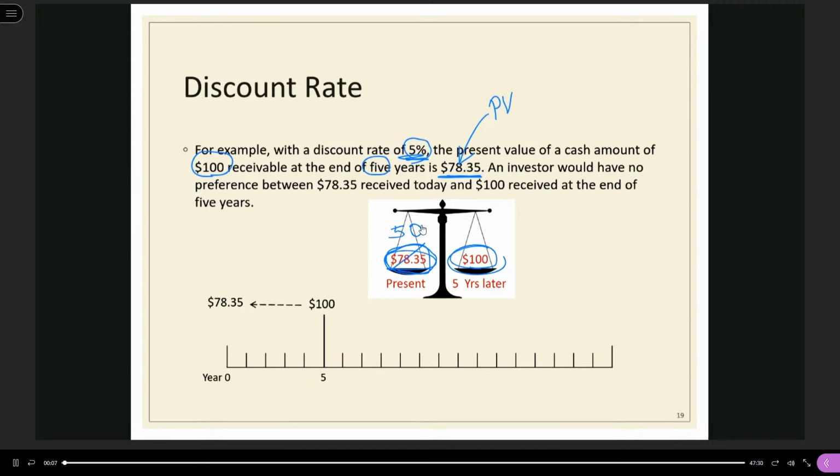Okay, so let's continue with the life cycle cost analysis. Before the break, we learned that life cycle cost analysis is used to calculate the total cost of a system or a building over the whole life cycle.